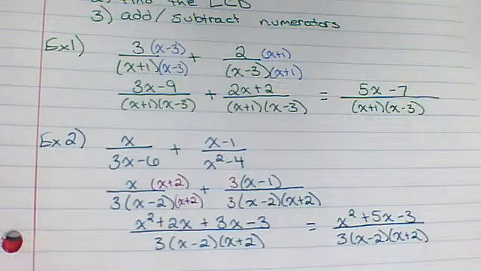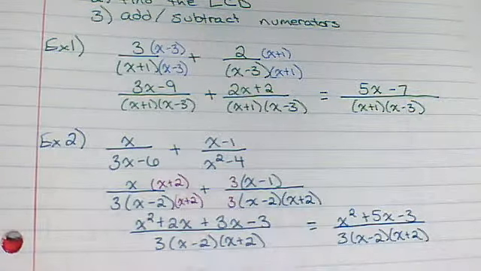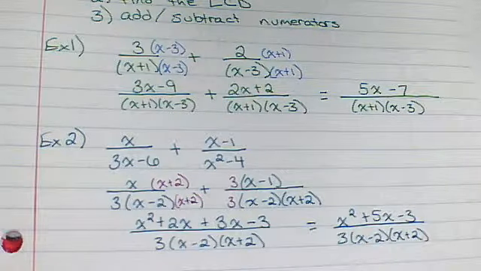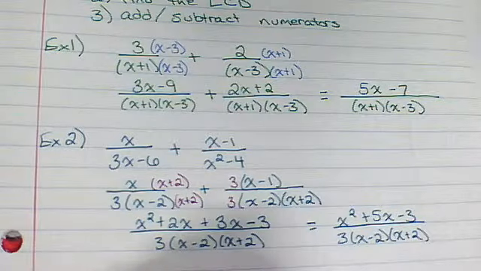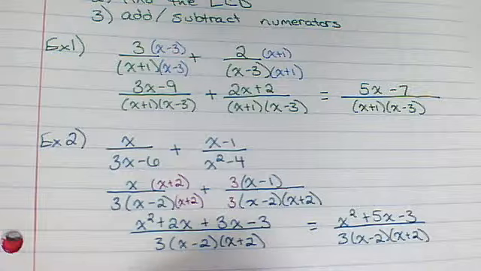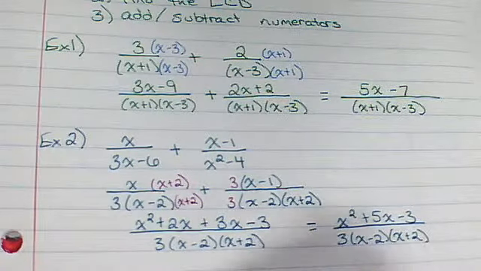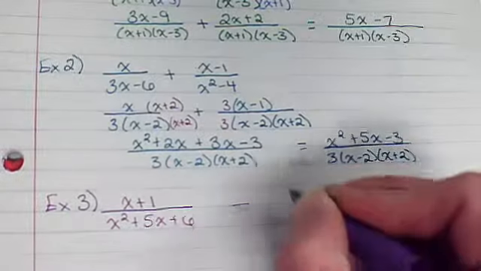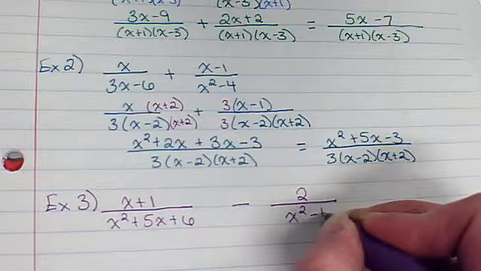Let's go on to the next example. Example 3. x plus 1 over x squared plus 5x plus 6 minus, so let's do a subtraction problem, 2 over x squared minus 4.